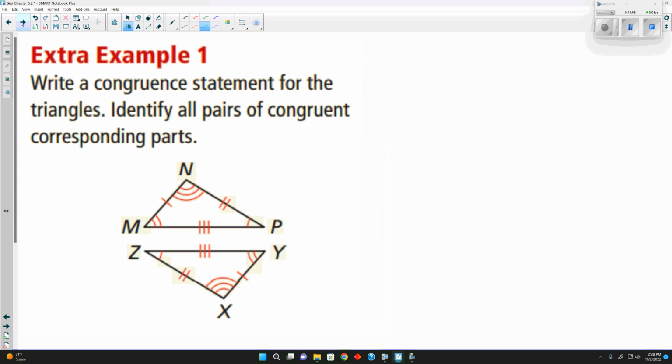All right, let's do this again. So what are our two? So what is our congruency statement? Triangle what? MNP is congruent to triangle.